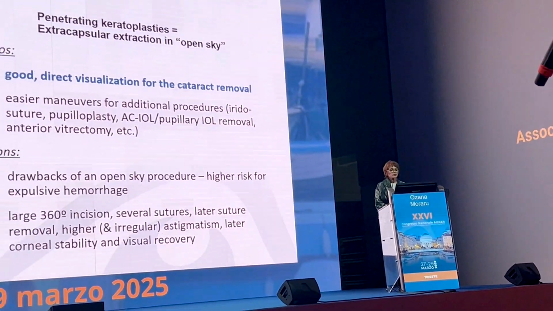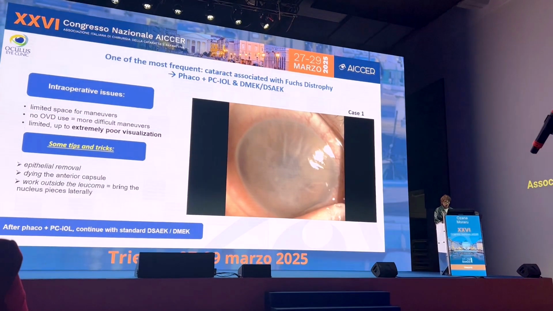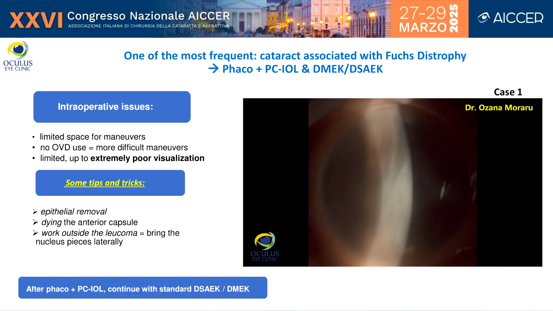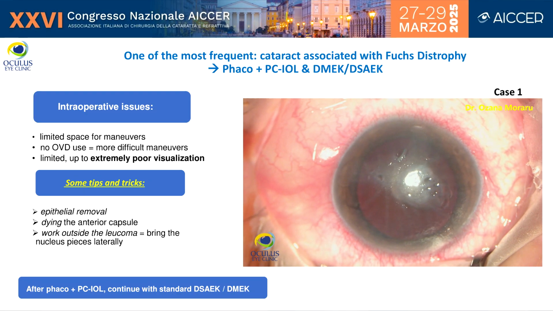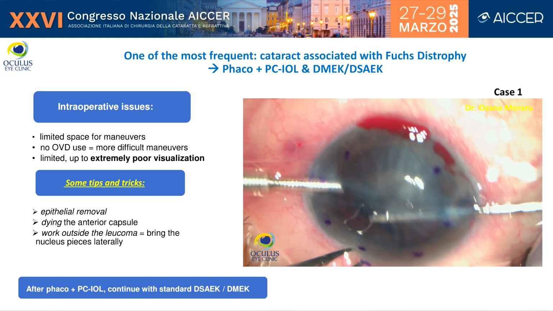I will go further. When you have a combined procedure with penetrating keratoplasty, visualization is not a problem, but with lamellar keratoplasty, it really is, like in this case. This is a Fuchs dystrophy. Of course, you want to perform a posterior lamellar procedure, DSEK or DMEK. I chose DSEK in this case.